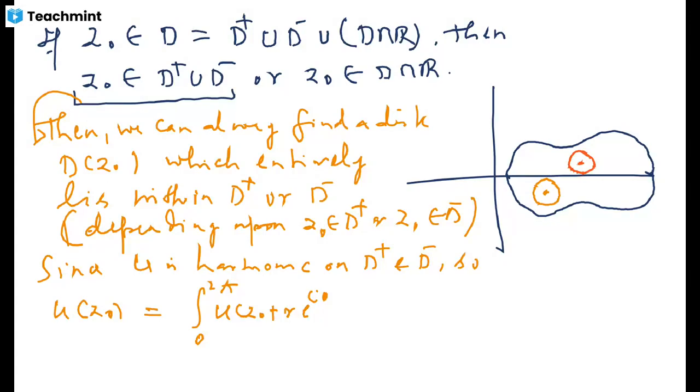So you will always satisfy the mean value property, whatever z you take, except when z is on the real axis. Okay, so it satisfies the mean value property whenever you take z in D, but the only thing that remains to show is the case when z is in this segment.